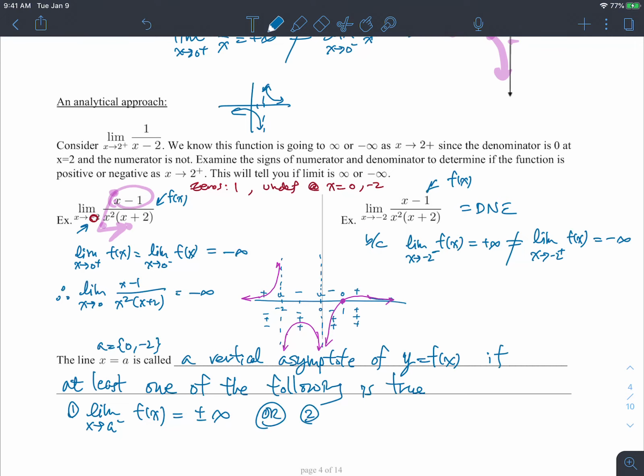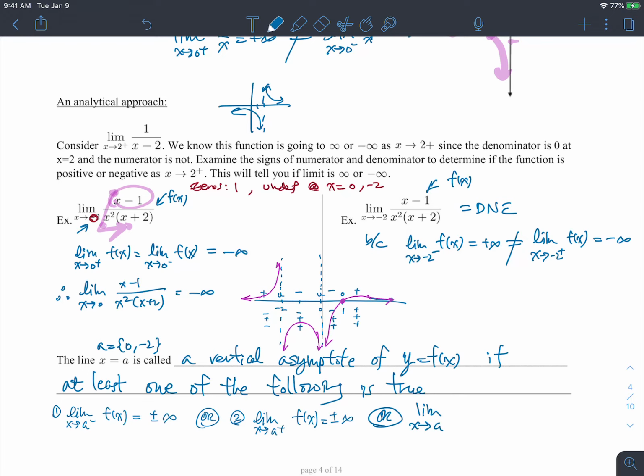Or the second possibility is the limit as x approaches a from the positive side of the function is either positive or negative infinity. Or the limit as x approaches a from either side is the same, f of x is plus or minus infinity, or possibly even does not exist.